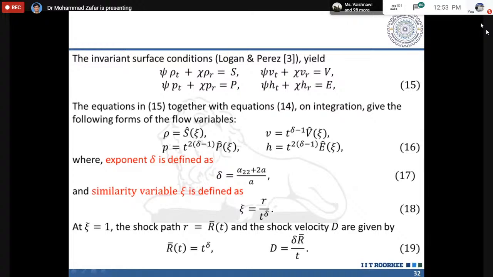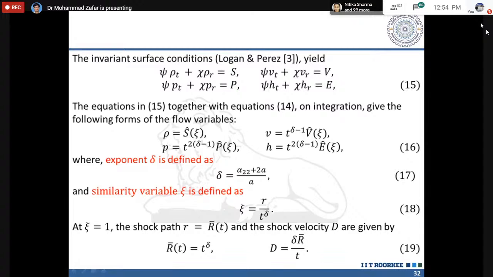Similarly, for the velocity, pressure and magnetic pressure, we can write three other equations, so we have 4 invariant surface condition equations, equation number 15. If equation 15 is used together with equation 14 and we integrate these using the Lagrange method, we obtain the flow variables given by equation number 16.